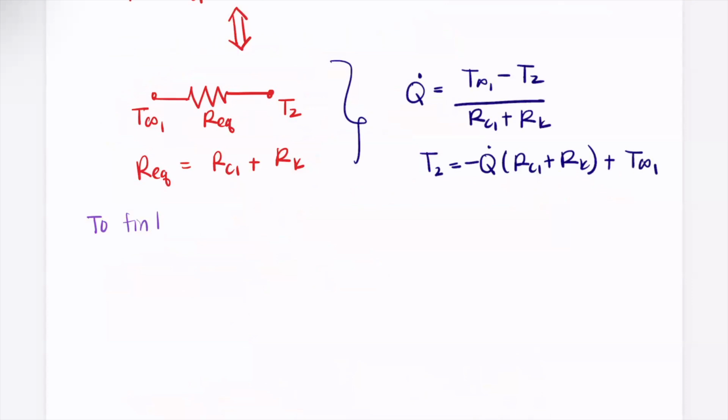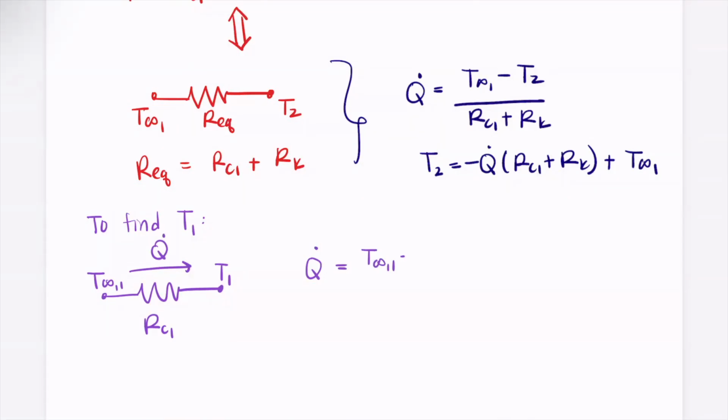So to find T1, we would look at this little subcircuit. And again, we're going to use the same Q dot as we had before. So we have Q dot is equal to T infinity 1 minus T1 over RC1. So T1 is T infinity 1 minus RC1 times Q dot. Okay?